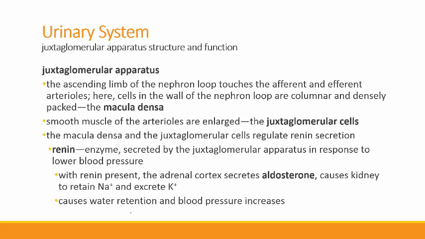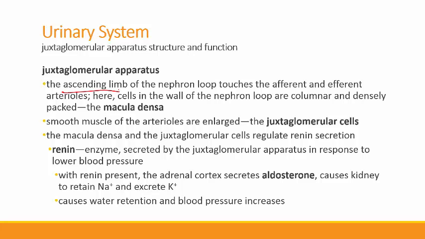Okay, so find in your book the image labeled the juxtaglomerular apparatus. And I want you to take notice of the anatomy there. So where the ascending limb of the nephron loop touches back to the afferent and efferent arterioles.